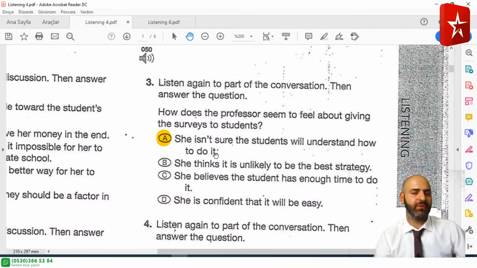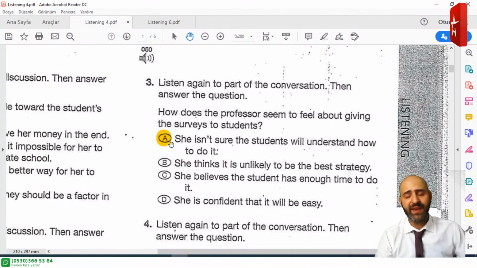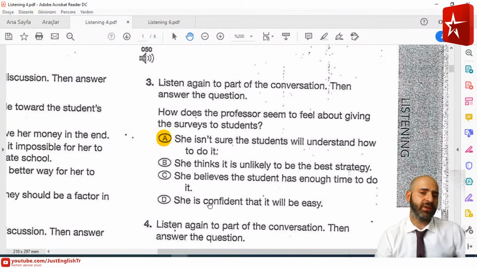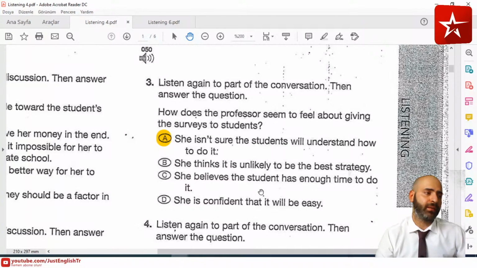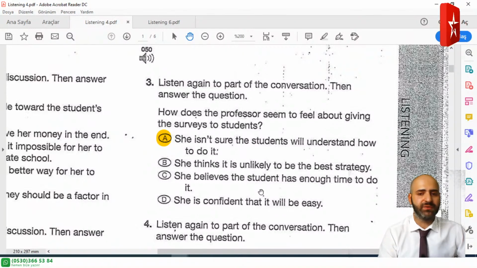I agree with you for this part, but compared to all other answers, A sounds the best. A is much better than B. B is incorrect because she doesn't say that this is a bad strategy. Still, they agree that a student will go and do it at the community center or nursery home with elders. So the strategy of the questionnaire itself is good.